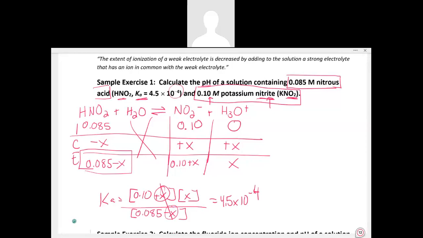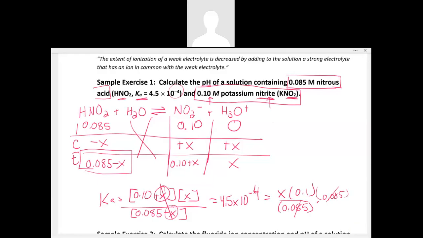So let's reorganize this equation a little bit. I'm going to rewrite it over here off to the side. So this 4.5 times 10 to the negative 4 will now be equal to x times 0.1 in the numerator, and then just 0.085 down here. So I'm going to multiply both sides by this value to get rid of that.